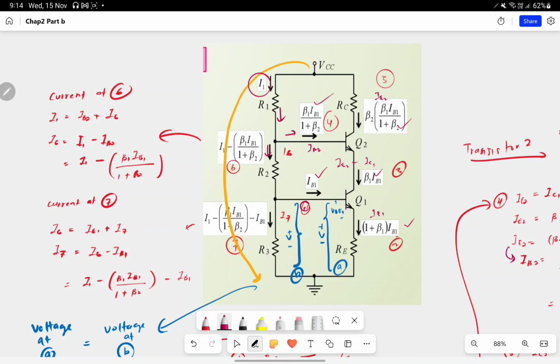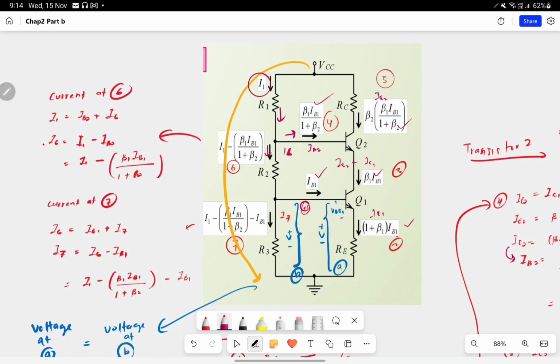The current source is from I1. It will be divided into two sides. One side is IB2 and the other side will be going down. So I name it as I6.